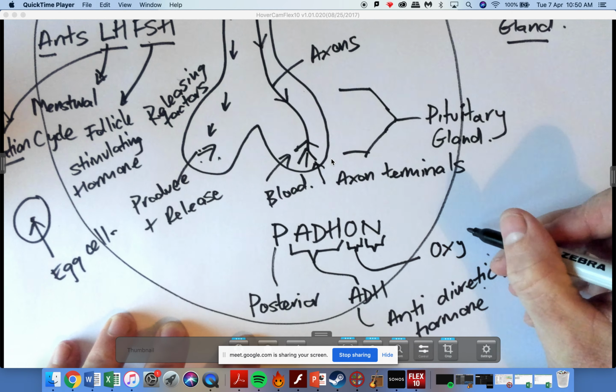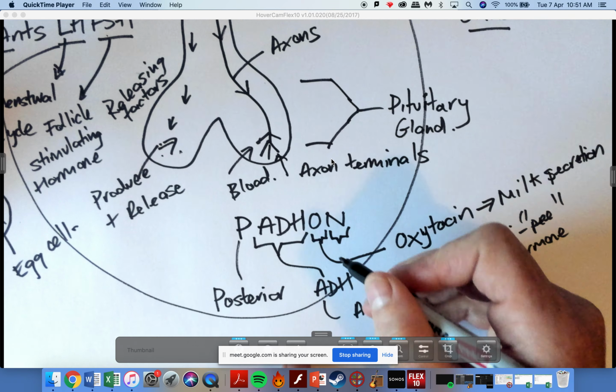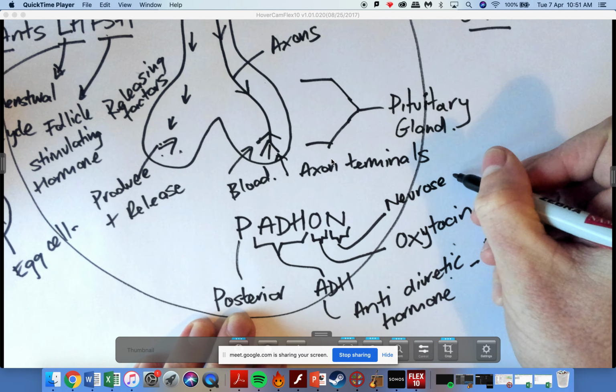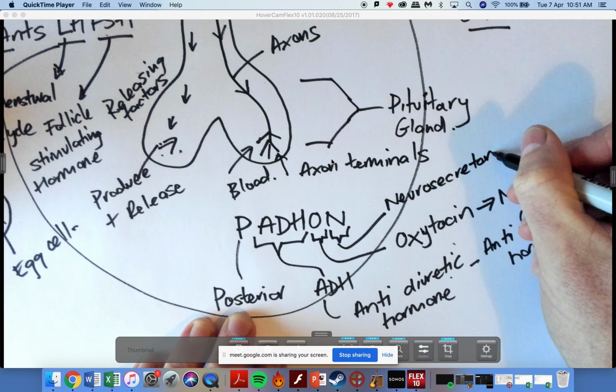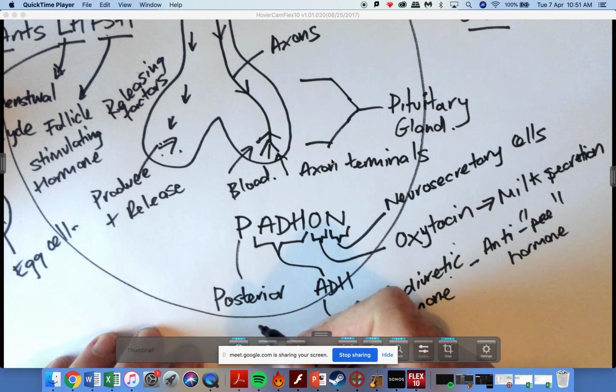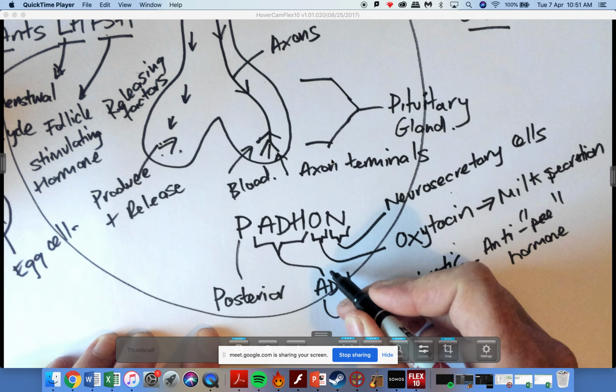So for women who have just given birth and who are starting to create milk, they need oxytocin, which they get when you cuddle the baby or you look at the baby, or if the baby starts to feed, then oxytocin's released. And then the final N is to try and remember that these are neurosecretory cells, that the posterior does not actually produce its own hormones.